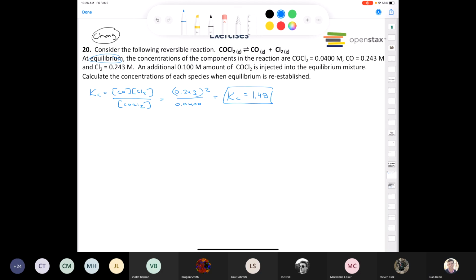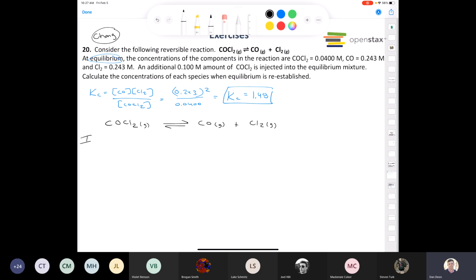Wonderful. Well, let's write out an ICE table and see if we can determine what we need to do in order to answer the question. And all we're trying to do is figure out the concentration of everything at equilibrium. So we've got our phosgene in equilibrium with our carbon monoxide and our chlorine.